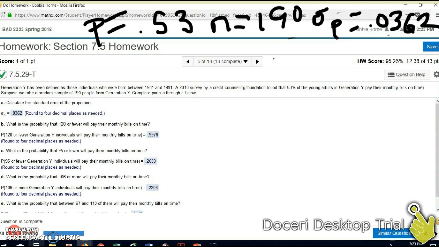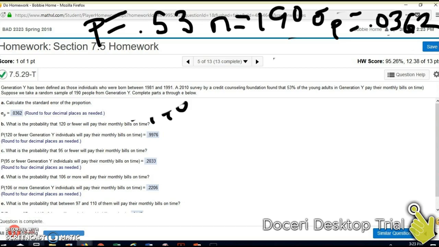For B, what is the probability that 120 or fewer? So we need to do 120 divided by 190. If you do 120 divided by 190, you will get 0.632.